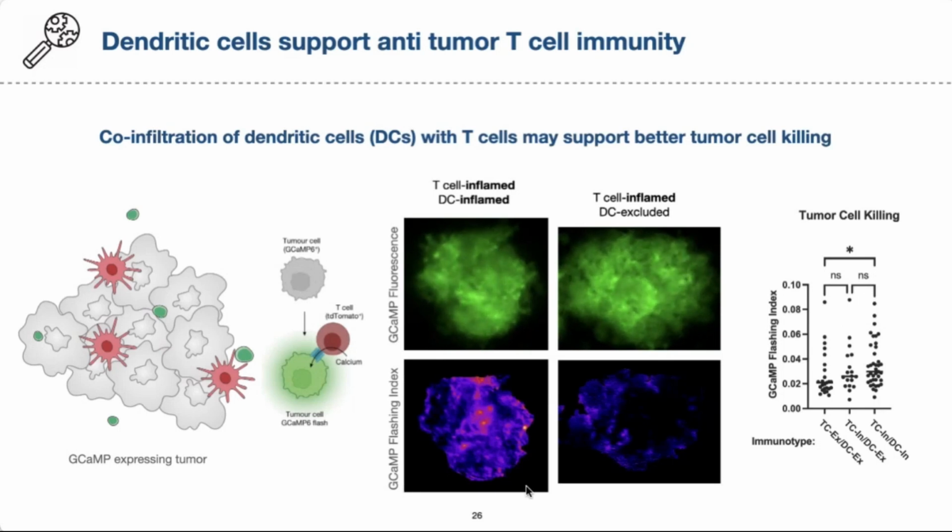And if we then calculate a GCaMP flashing index across many different tumors exhibiting these immunotypes, we can see that these doubly infiltrated tumors exhibit the highest rates of cytolytic T cell attack.